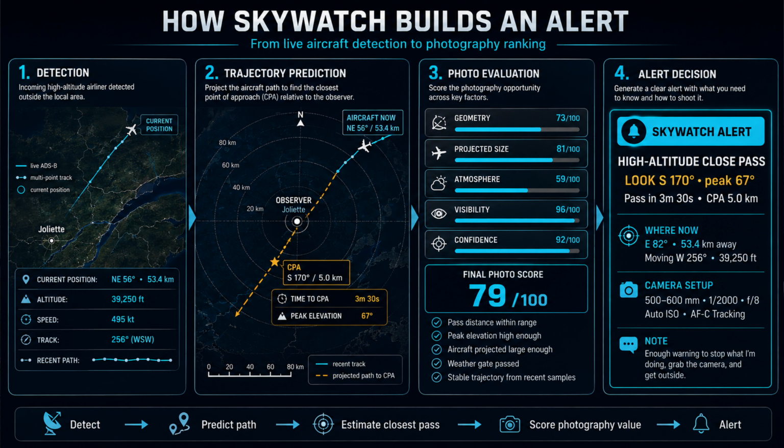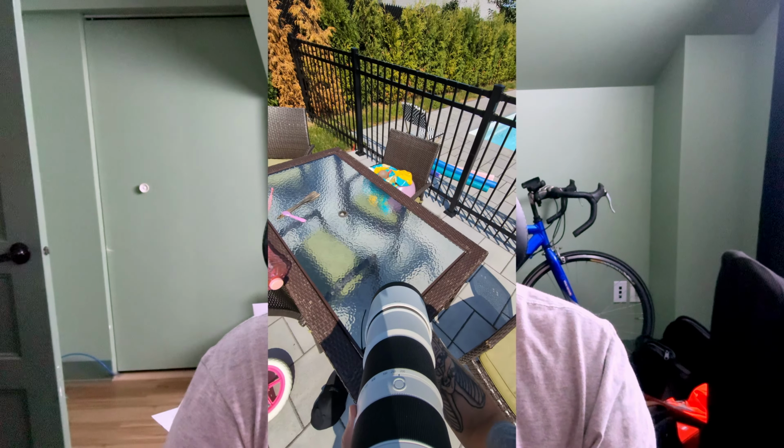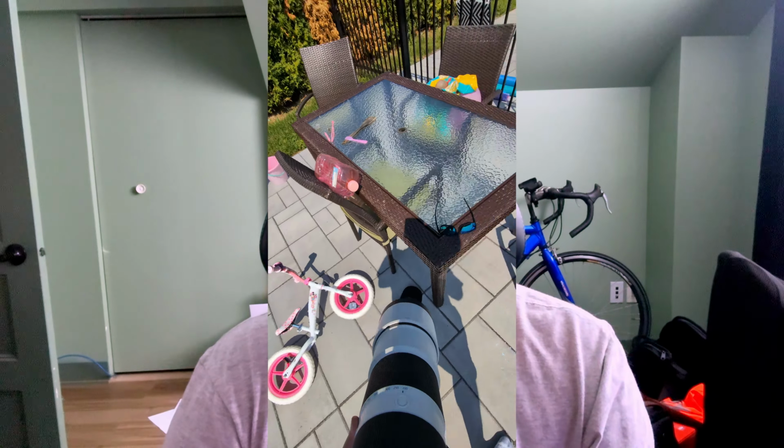That prediction is important because the aircraft might still be quite far away when I receive the first alert. I need enough warning to stop what I am doing, find the camera, and get outside. Preferably with the lens cap already removed. I am still working on that part, to be honest.